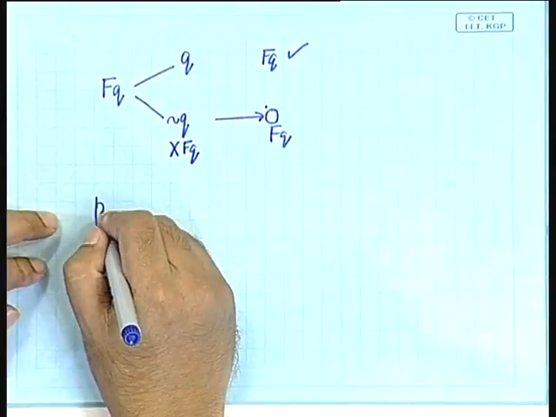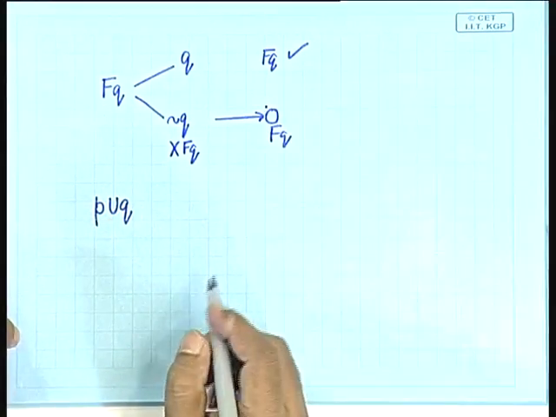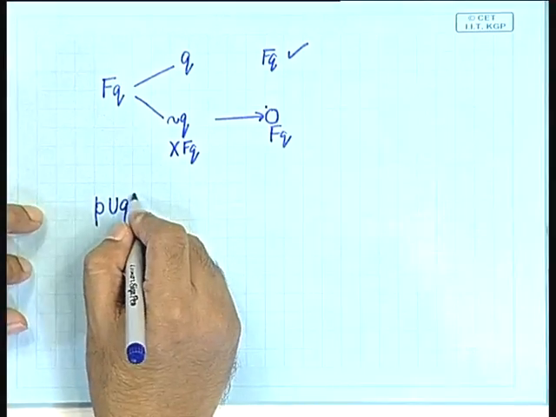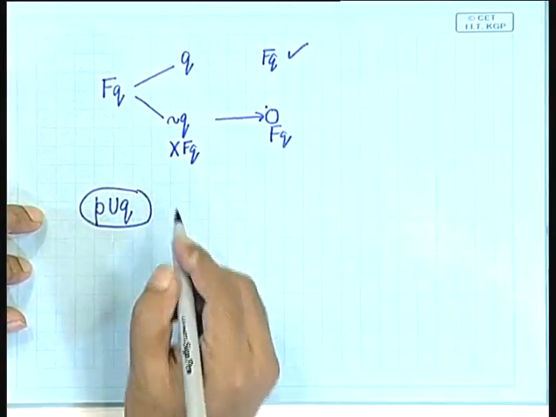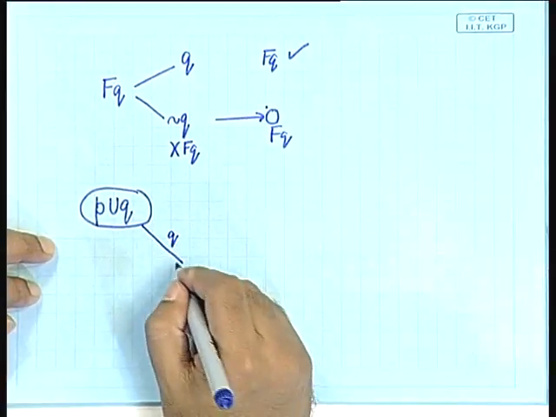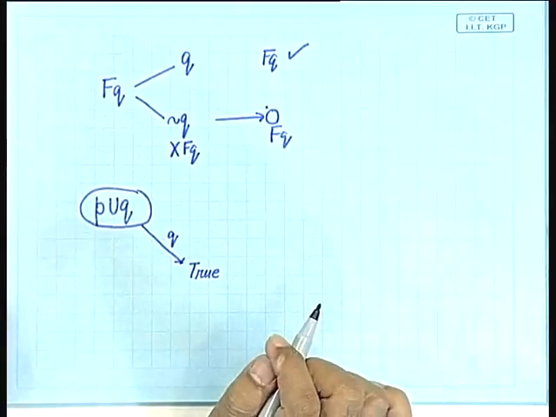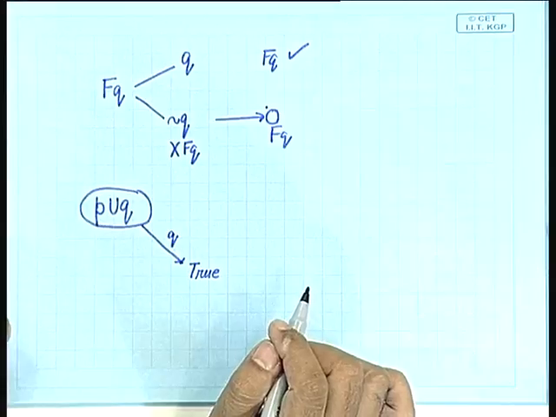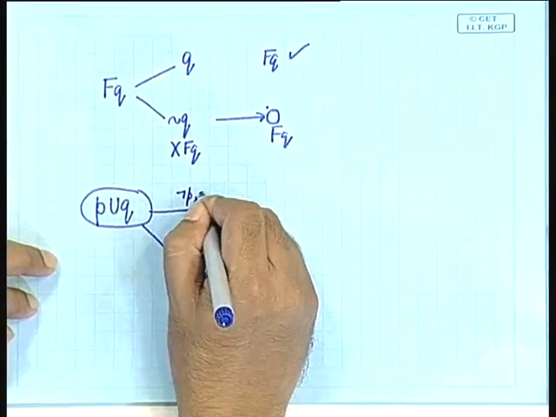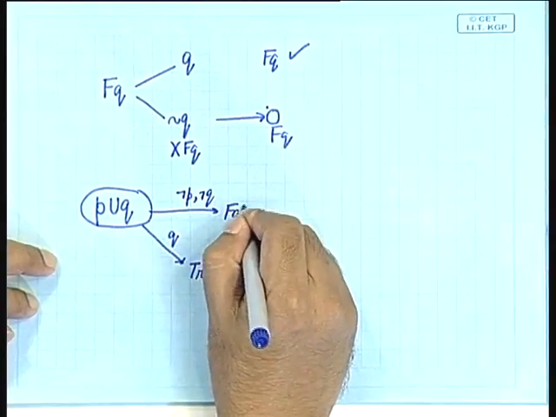Let us look at P until Q. What are the possibilities here? If I get a Q, then I go to true, because it is immediately satisfied. If I get not P, not Q, false, failure straight away.